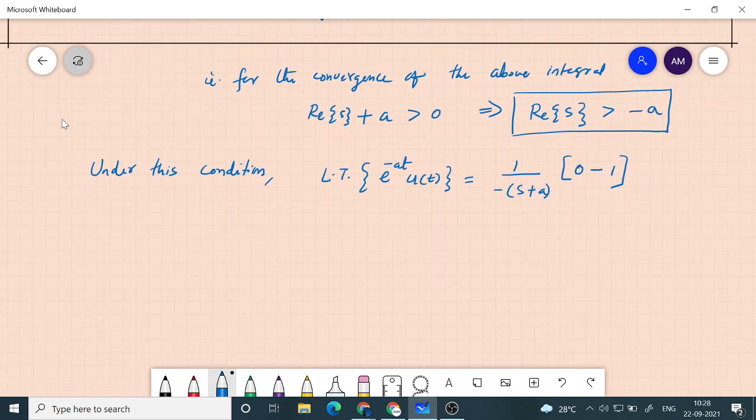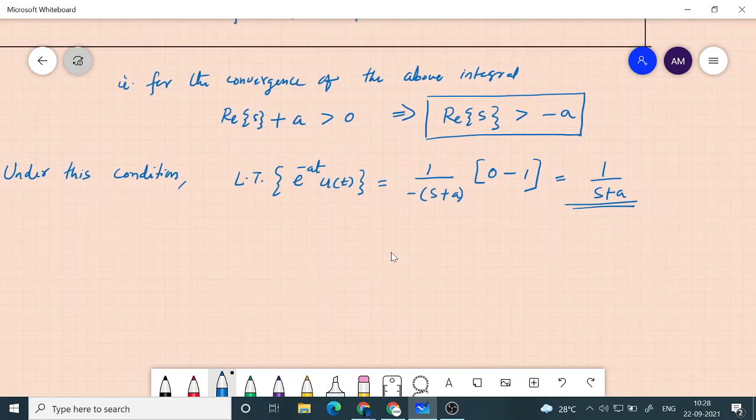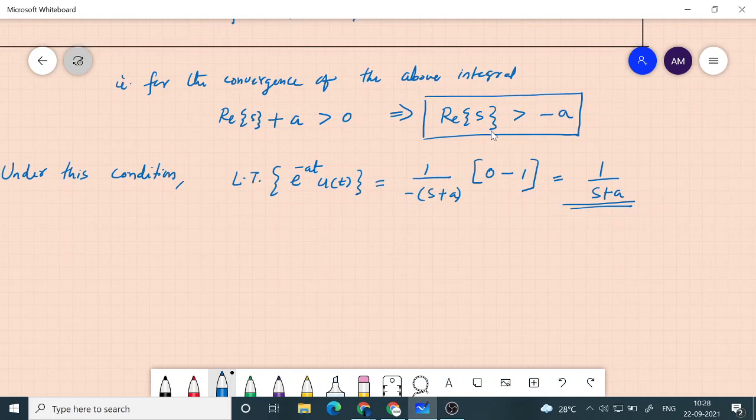Minus minus cancel, it is 1 by s plus a. Whenever we write the Laplace transform, you should also mention under what condition this result is valid. This result is valid only under the condition real part of s is greater than minus a.